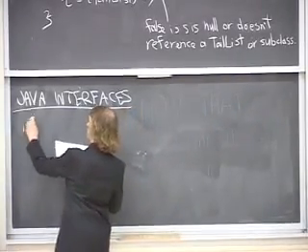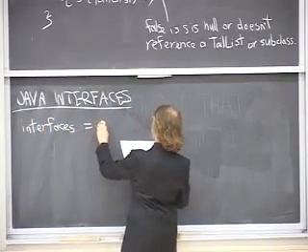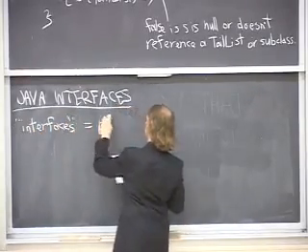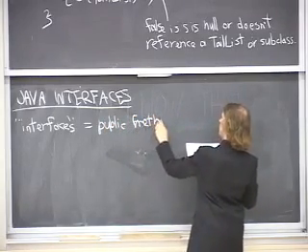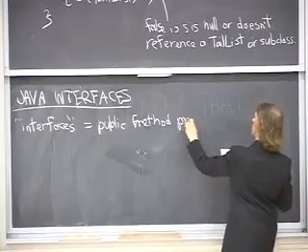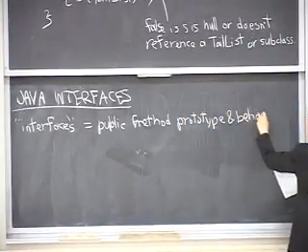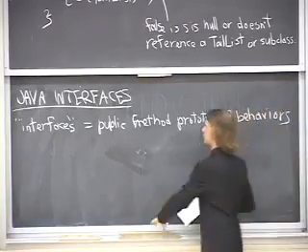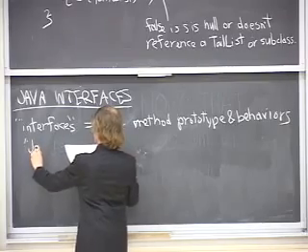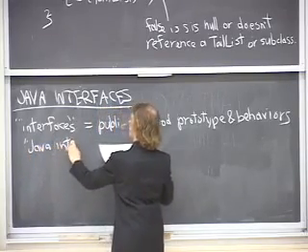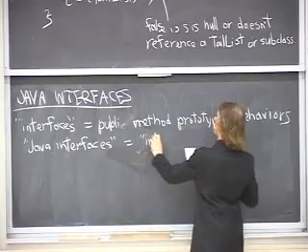So interfaces equals the same thing they did before: public method prototypes and the behaviors of those methods. Public fields too, though those don't come up as often. Java interfaces will henceforth refer to Java's interface keyword.